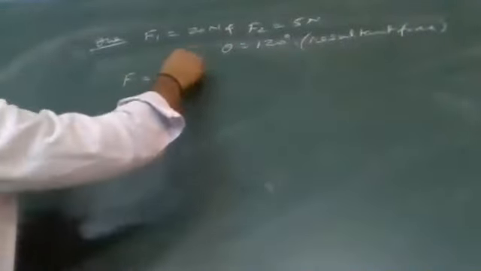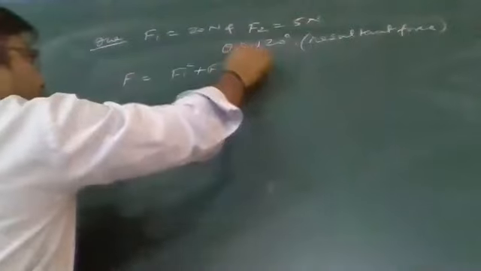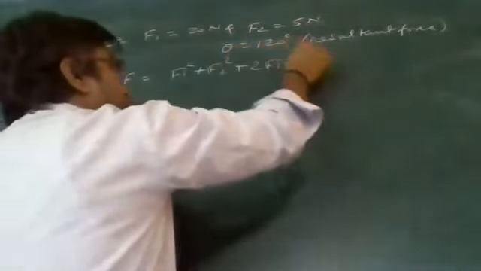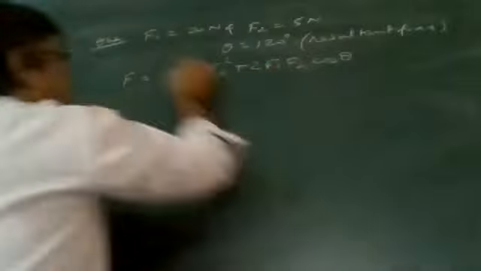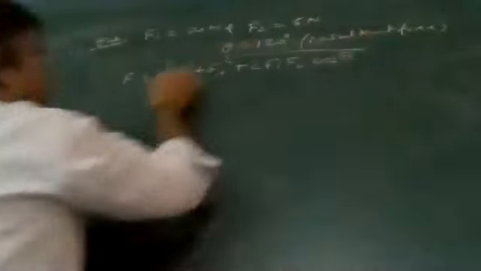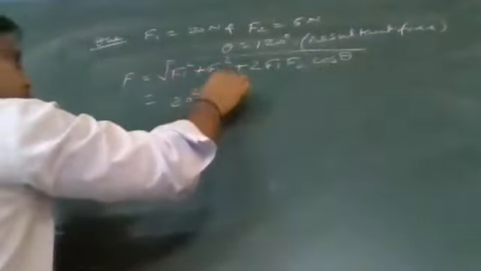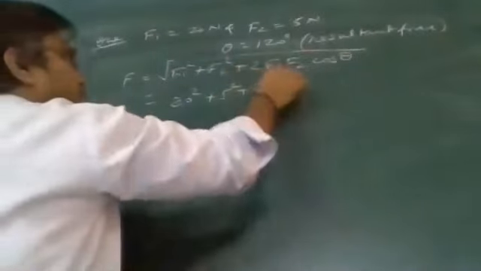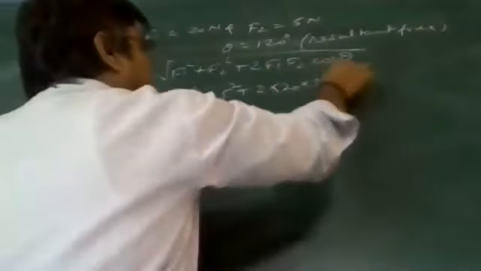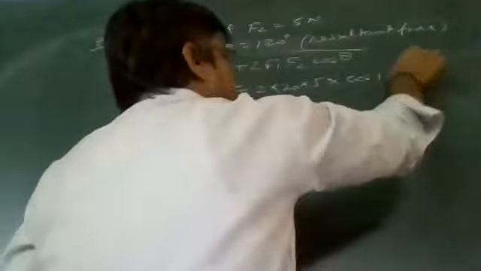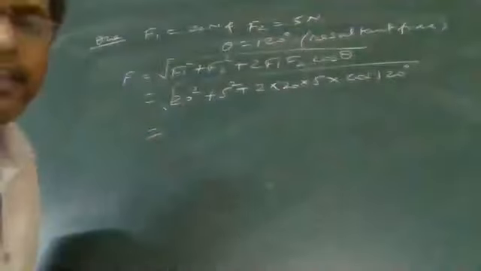Then F is equal to the square root of F1 square plus F2 square plus 2 F1 F2 cos theta. The value of F1 with you is 20. The value of F2 is 5. You will get 2 into 20 into 5 and cos 120. Now, what is the value of cos 120?